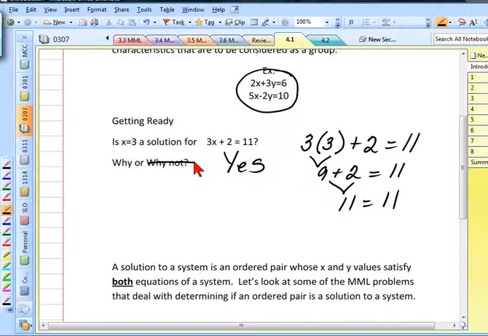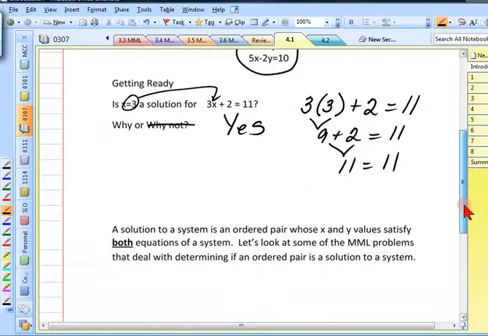Let's mark through the why not. Tell me why. How do I know? Makes it a true statement. It made it a true statement. When I substituted 3 in the place of x, it made a true statement. So I want you to attach that idea to the word solution. A solution is a value that when substituted in for the unknown makes a true statement.